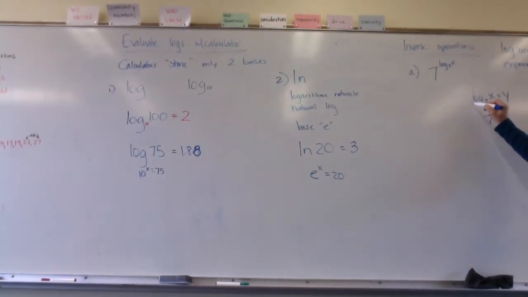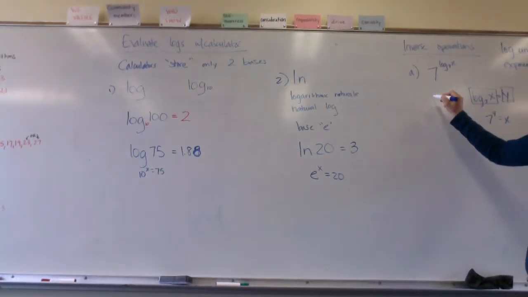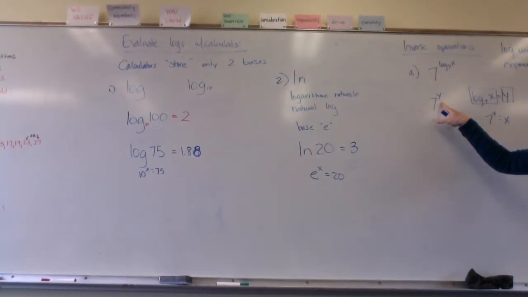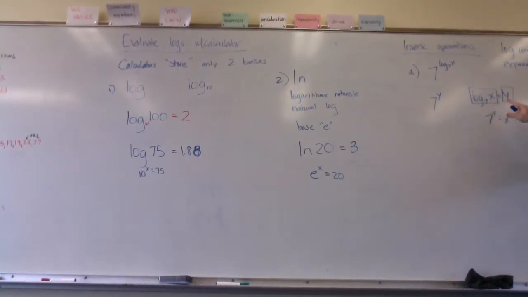So I just said this is equal to y. So I'm going to come back up here and replace that. Log base 7 of x equals y. So instead of log base 7 of x, I'm going to call that y. I'm just substituting y for log base 7 of x in this. But what did I just say down here? 7 to the y equals x.